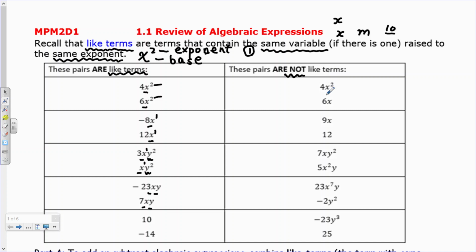And on this side, why they are not like terms? We have the same variable, so the first condition is satisfied, but one degree is 2, another degree is 1. So not the same degrees.